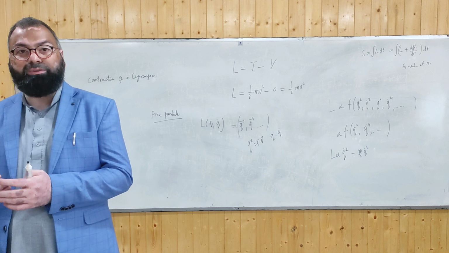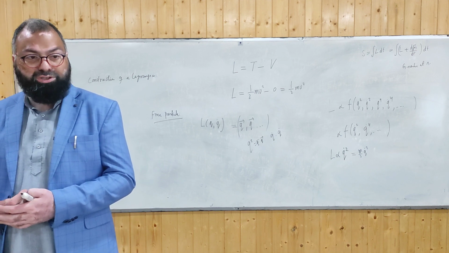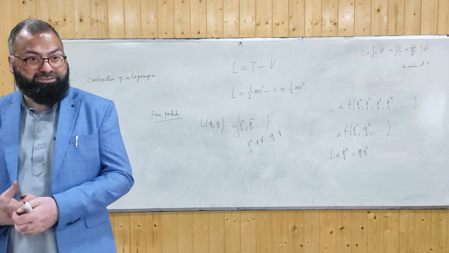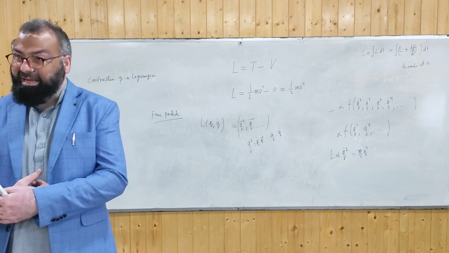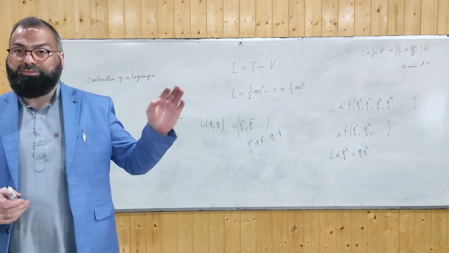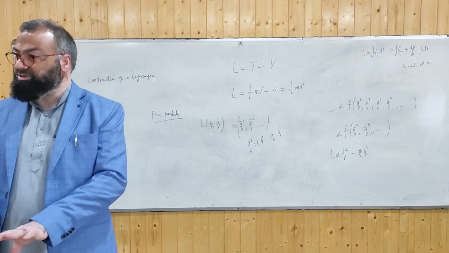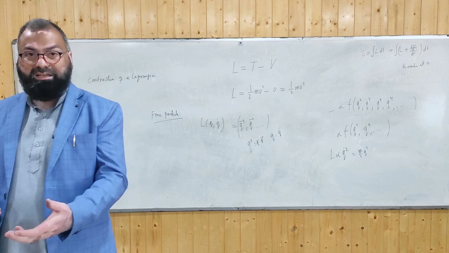That law will fix these constants. Let's say you are writing Newton's equation of motion for a free particle. It's m x double dot equal to 0, is it? And from the Lagrangian we can write the Euler-Lagrange equations and calculate the equations of motion, the Newton's law. Clear?